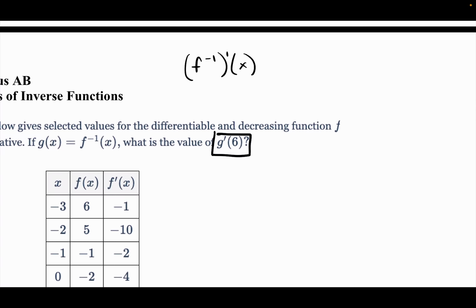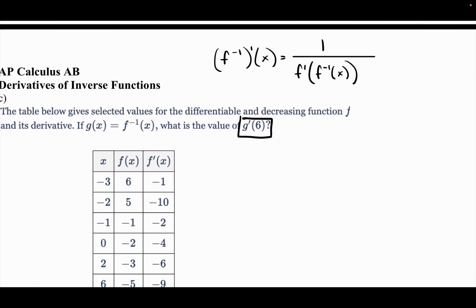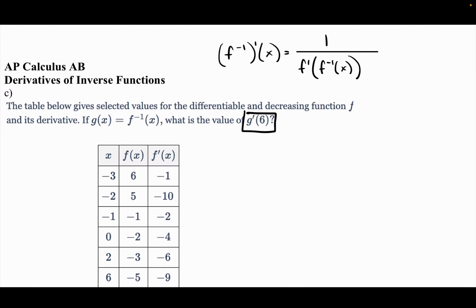I'm just rewriting it literally from the first page to this page. And then you're going to do 1 over f prime. Okay, this is for tables, this is what we're going to do.